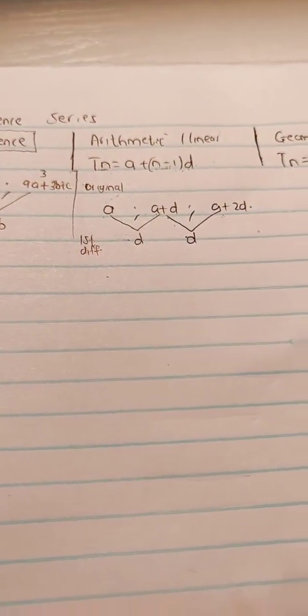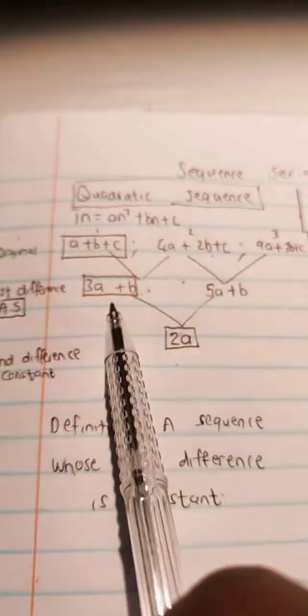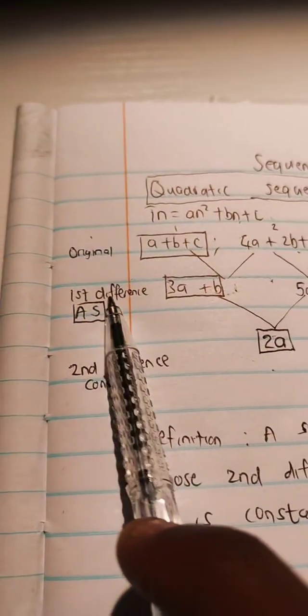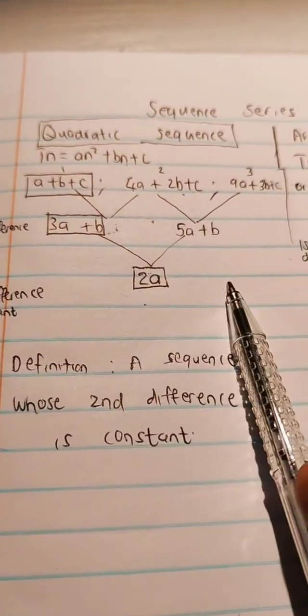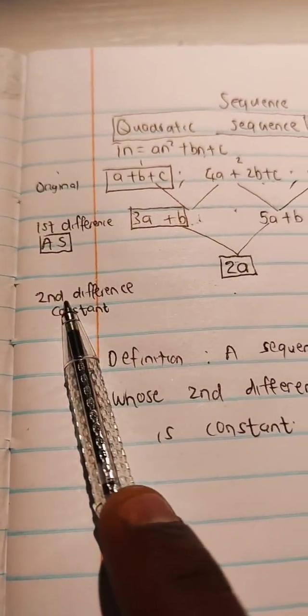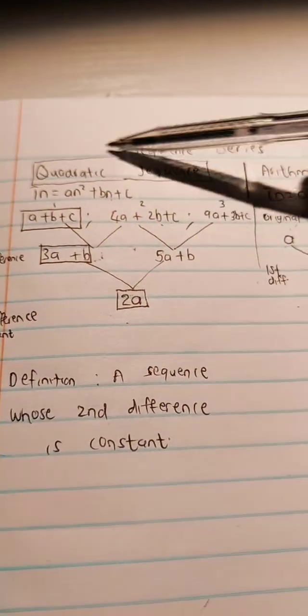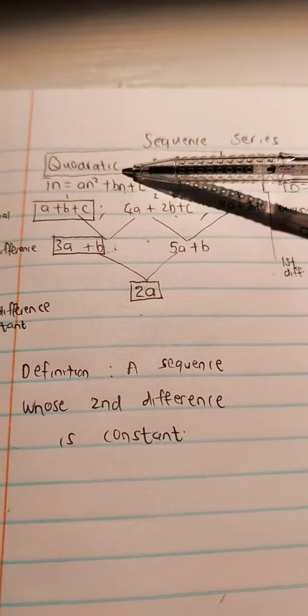Let me recap again. For your quadratic sequence, our first difference gave us an arithmetic sequence, but then the second difference is constant.